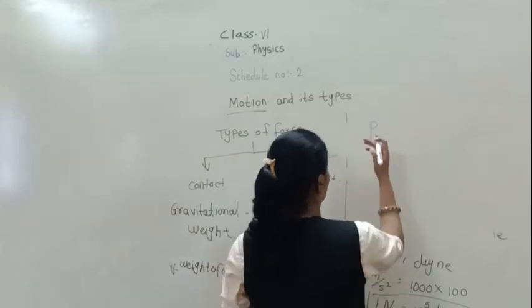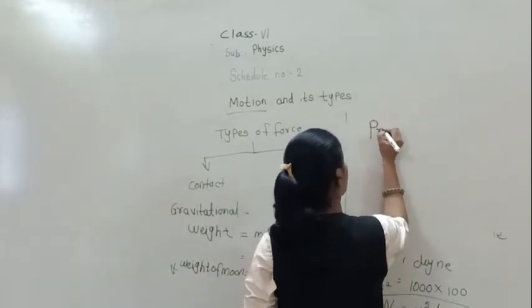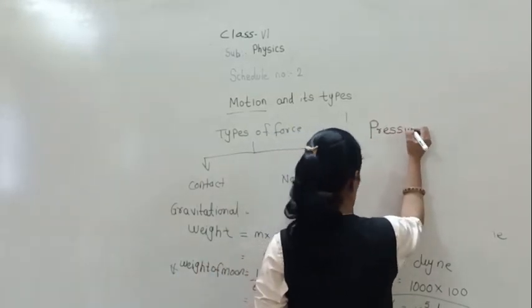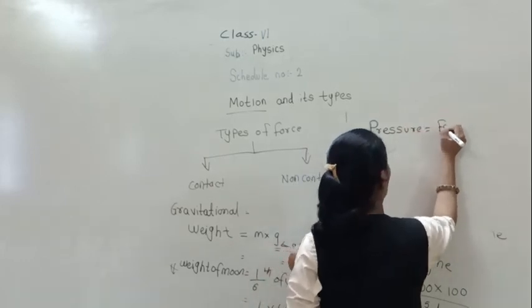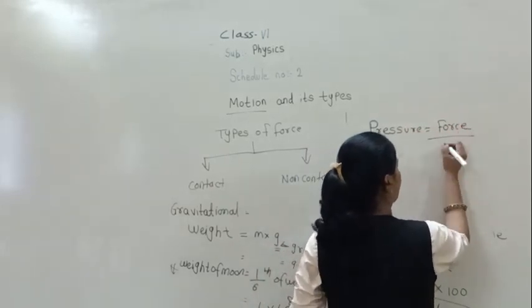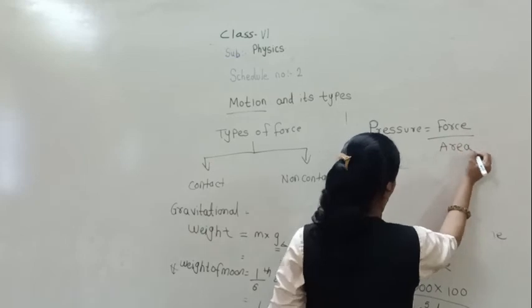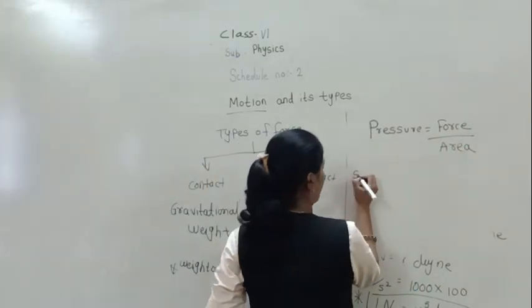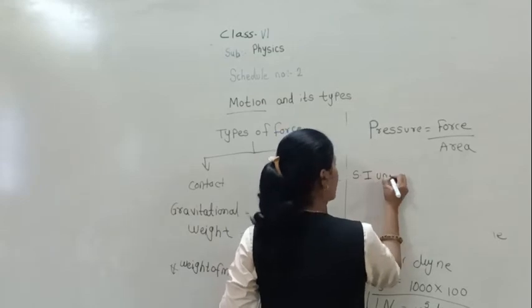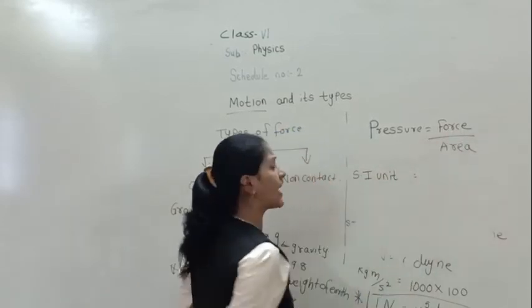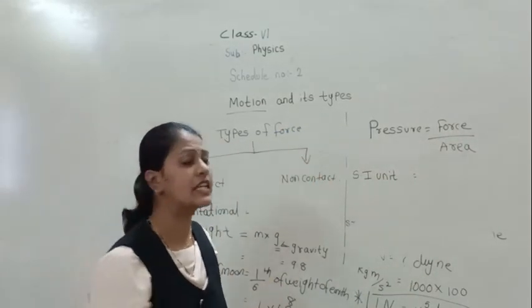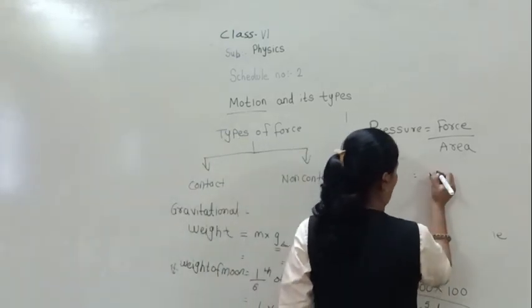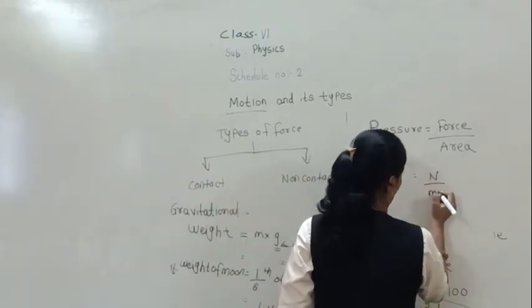Pressure is nothing but force upon area. Are you getting this? So what will be the SI unit of pressure? Can you tell me the SI unit of force? Yes, Newton, and area is meter square.